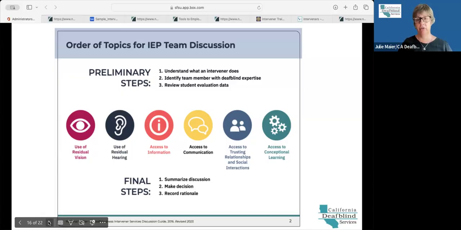They all have a credential. However, they may not have had direct experience working with a student who's deaf-blind or gotten a lot of pre-service training. So if you don't have someone on the team that has some expertise, again, reach out to us, and we've been happy to help teams with this IEP team discussion.